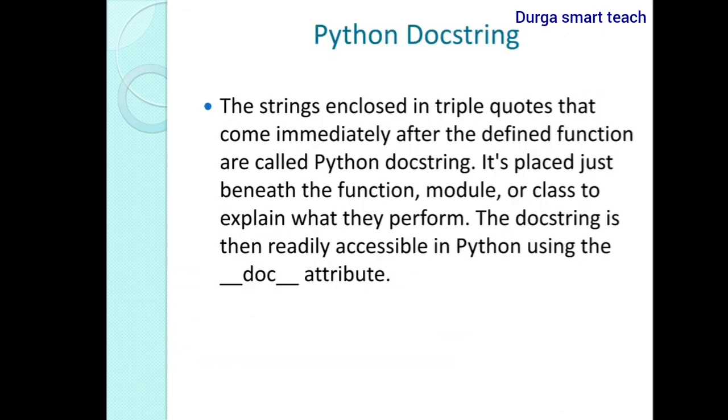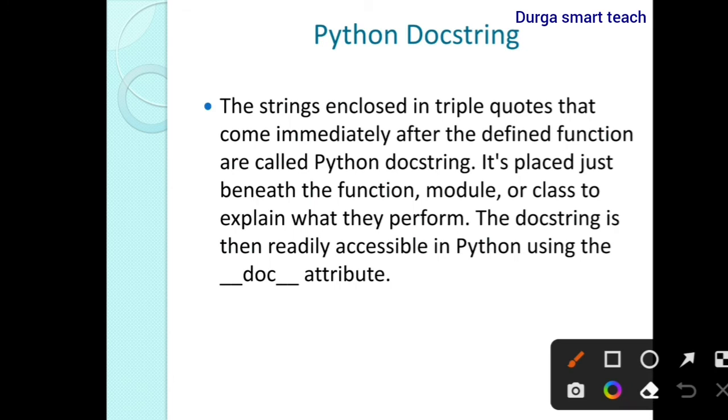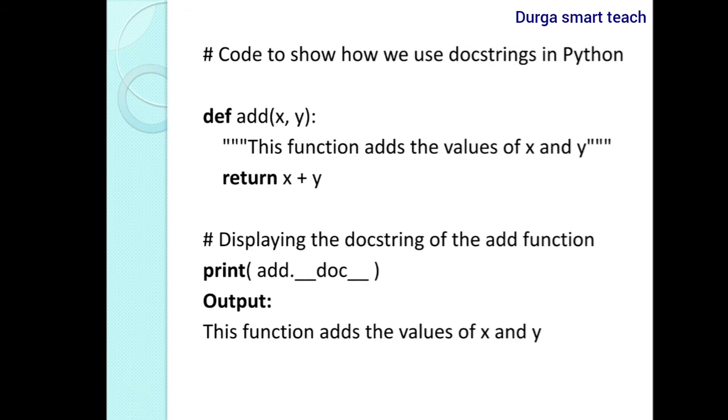Next one, Python doc string. So normally, doc strings are used to produce information related to a function in the output. If you want to print the information about the function, what it actually performs, then you need to use a doc string. If you want to display that line of string, then you need to include this doc string using the __doc__ attribute.